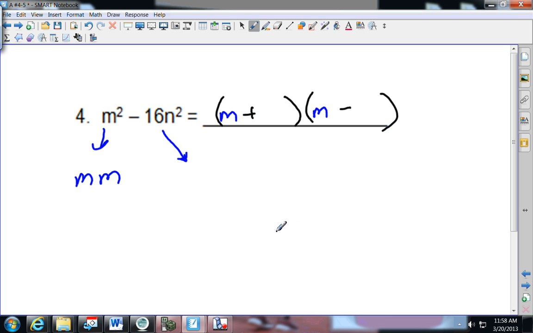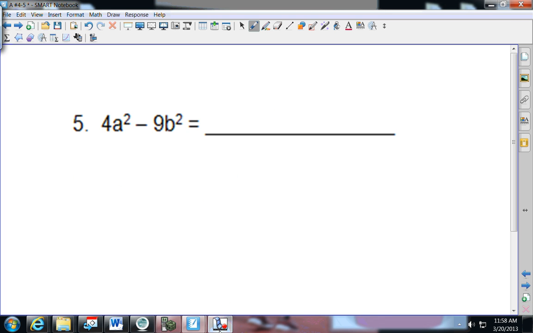You can go and put the square root of 16, or what number times itself gives you 16? 4 and 4. There's also an n on it. So it's 4n and 4n. So one of them is going to be a plus 4n. The other is going to be a minus 4n. Try the next one.